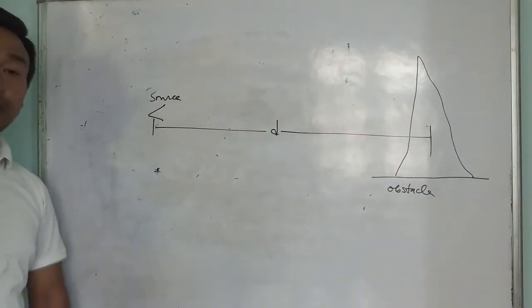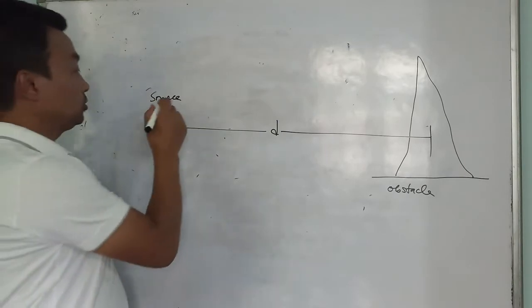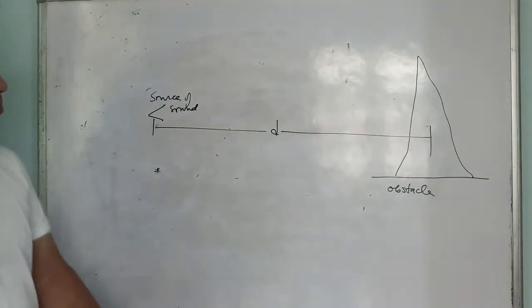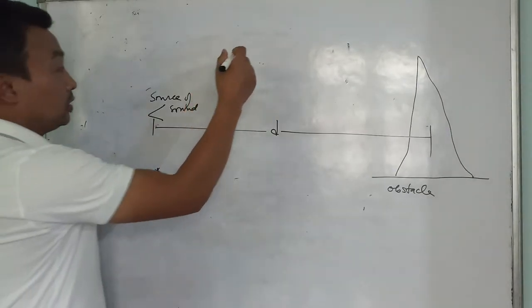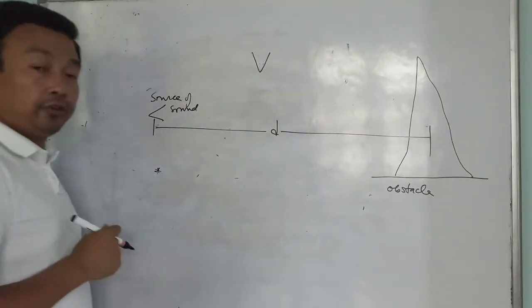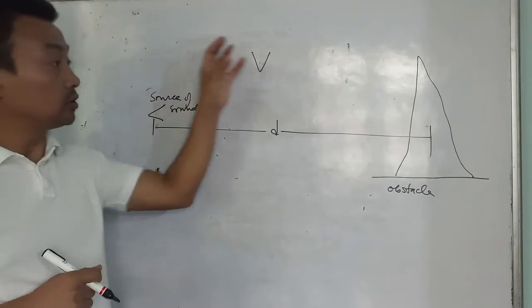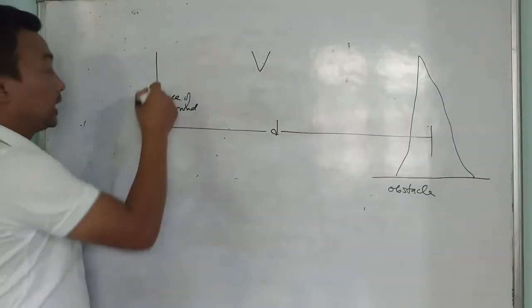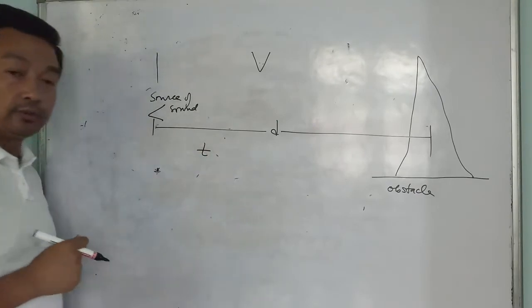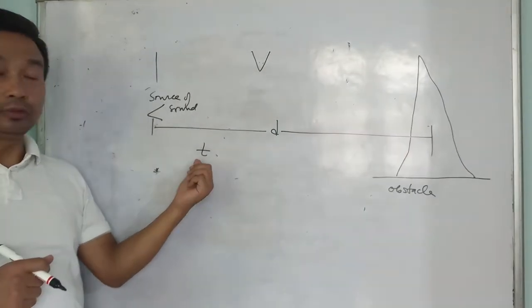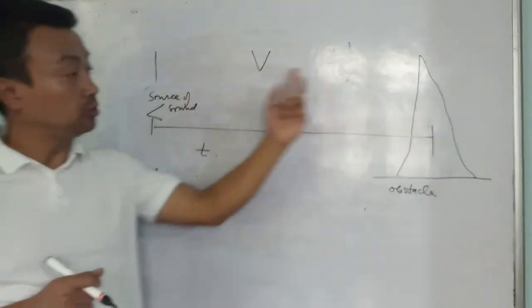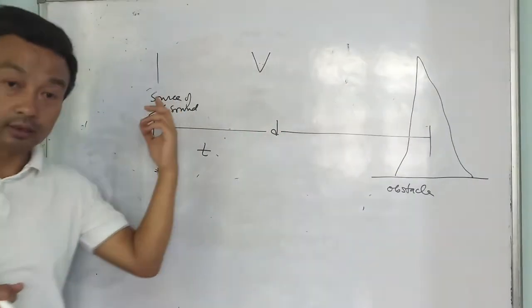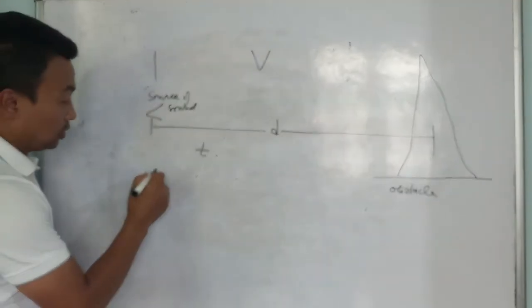Let D be the distance between the source of sound and the obstacle, capital V the speed of sound in the medium, and small t the time taken for the sound to reach the obstacle and come back.